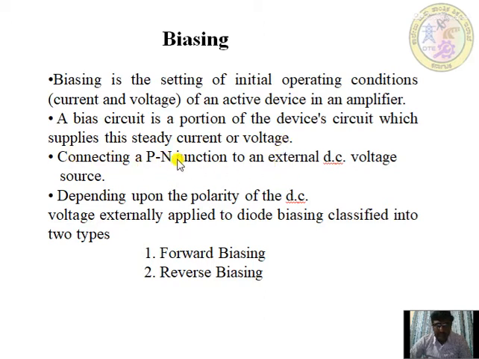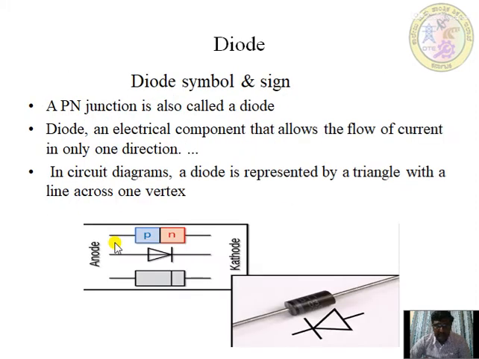The main thing is connecting a PN junction to an external DC voltage source. Depending upon the polarity of the externally applied DC voltage, positive to negative or negative to positive, for the anode or the cathode, diode biasing is classified into two types: forward biasing as well as reverse biasing.